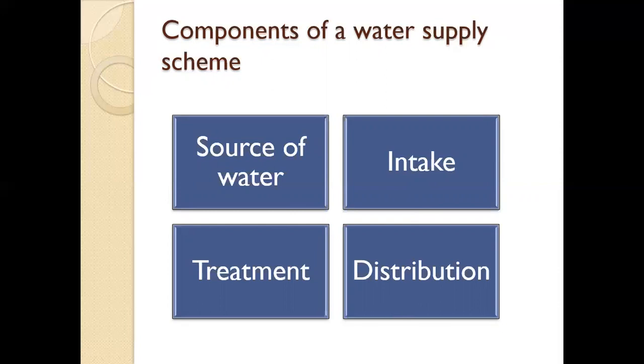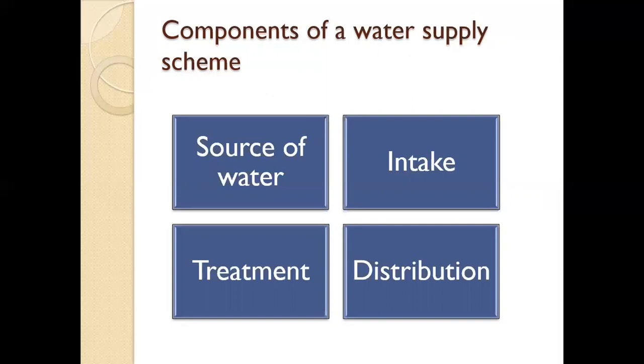It should be free from all impurities and chemicals, because raw water may contain lots of chemicals and bulk impurities, as it is exposed to nature and the atmosphere. So there are lots of chances for various impurities and chemicals to mix into it. That's why the first aim of a water supply scheme is to treat the water such that it is safe for drinking.